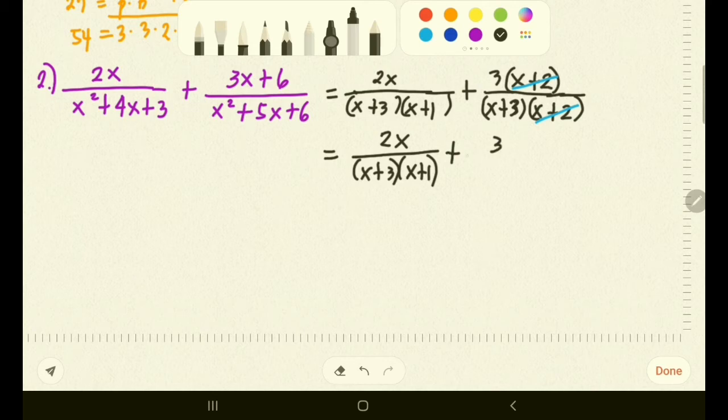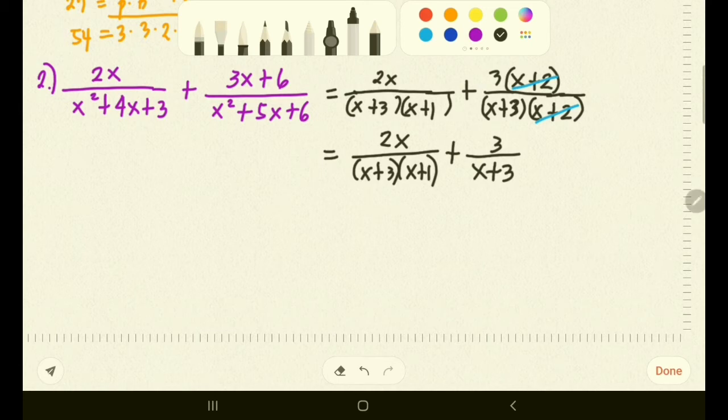So you have x plus 3 over x plus 3. So simplification is very important so that later you will not complicate yourselves while finding the sum and difference.